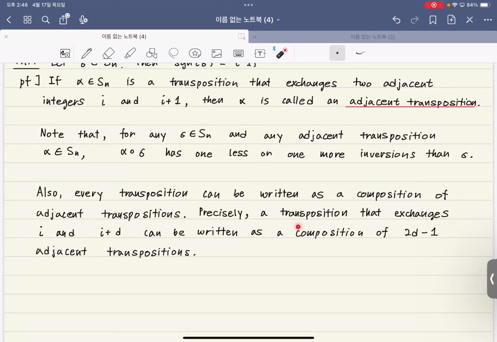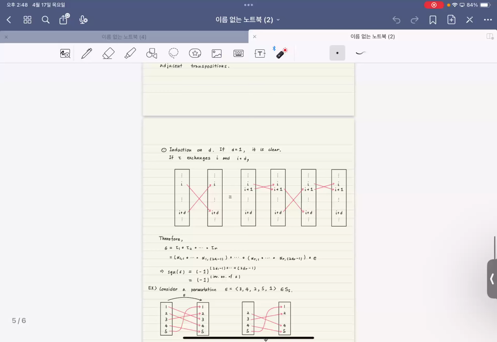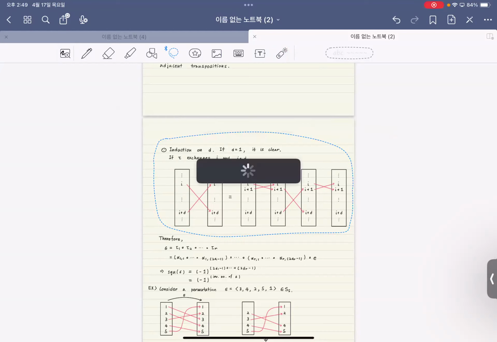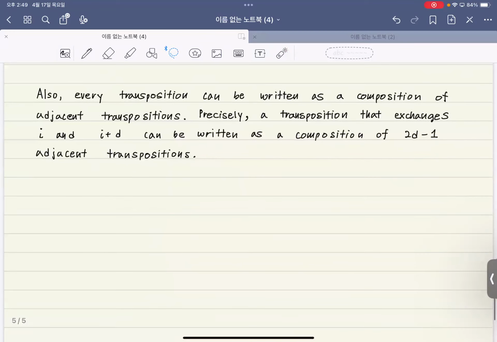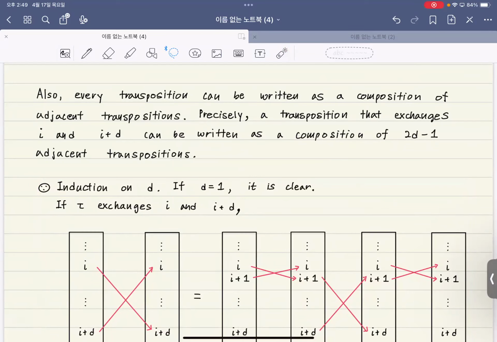Okay. Right. So why is it true? Because I can prove this by using induction. So I'll try to prove by induction.